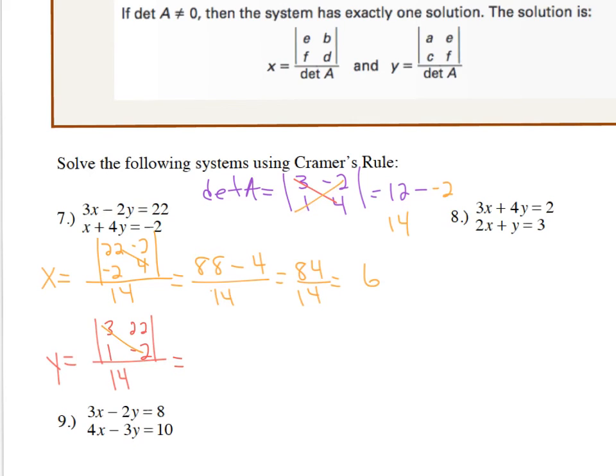So 3 times negative 2 minus 1 times 22. So you get negative 28 divided by 14, which is negative 2. So the solution to this would be the x value is 6 and the y value is negative 2. We do use them as an ordered pair when we write the solutions.